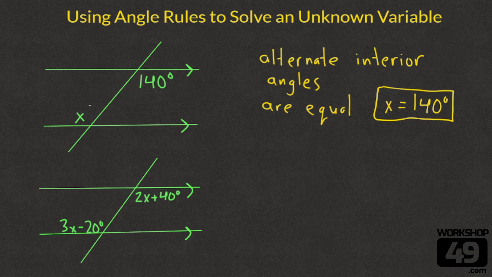If these are alternate interior angles, just like we knew that this x was equal to 140, we know that this 3x minus 20 must be equal to this 2x plus 40. So let's go ahead and write that out.